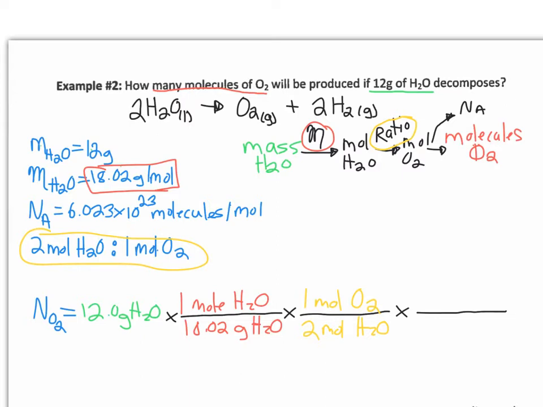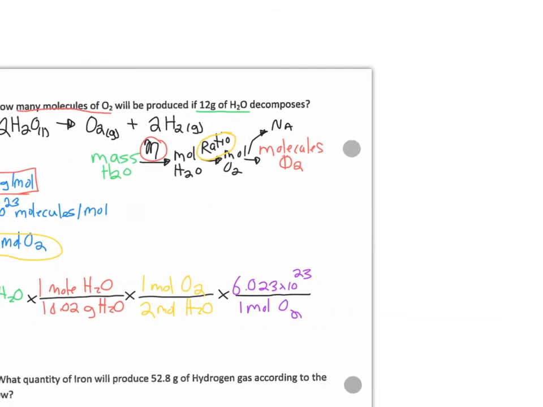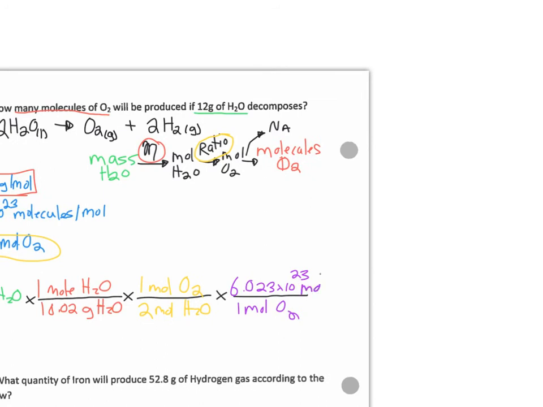We have moles of oxygen on the top right here that we need to cancel out. So we're going to put 1 mole of O2 here, and we're going to have 6.023 times 10 to the 23 molecules on the top.